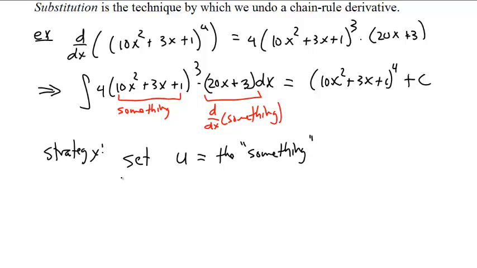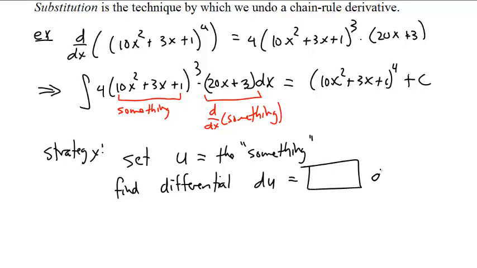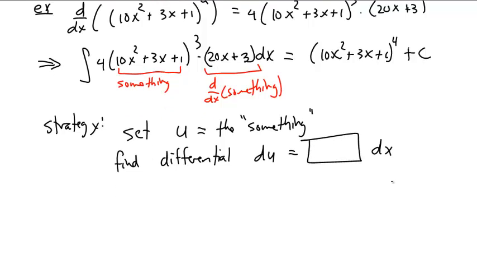And then you find the differential du. This is why we did differentials at the end of calculus 1, which is going to be blah blah blah dx. Then you solve for dx, which equals 1 over blah blah blah du.